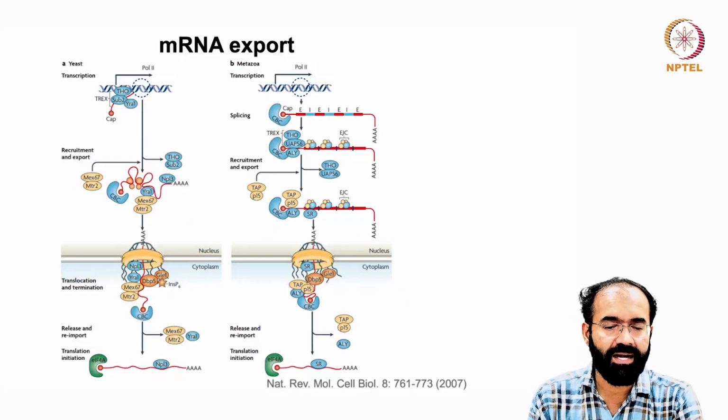So if you see the mRNA export, both in yeast and metazoa, they have common features, except that in metazoans there will be plenty more factors coming into the picture. In this cartoon you can see the recruitment and export of a bunch of proteins. Here you can see CBC, here also CBC, which is the cap binding complex.